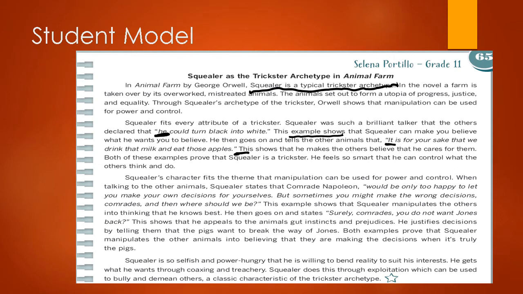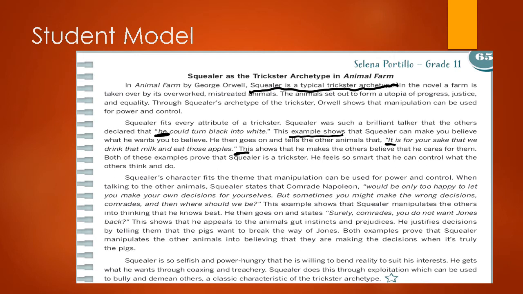So the next paragraph says Squealer's character fits the theme that manipulation can be used for power and control. When talking to the other animals, Squealer states that Comrade Napoleon would be only too happy to let you make your own decisions for yourselves. But sometimes you make the wrong decision, comrades, and then where should we be?